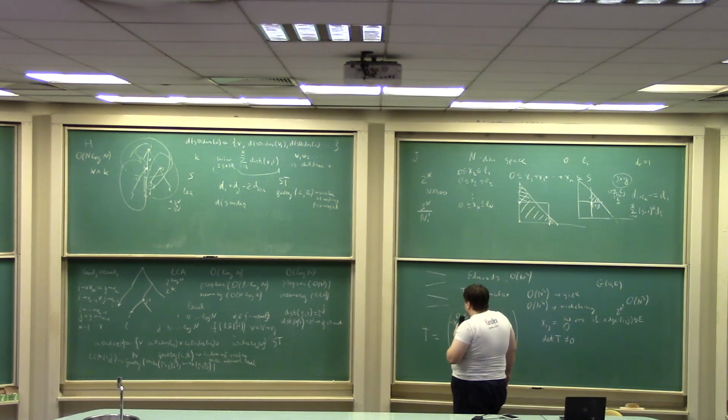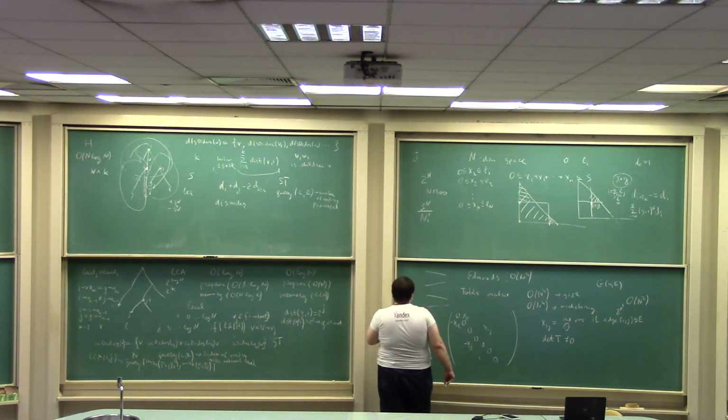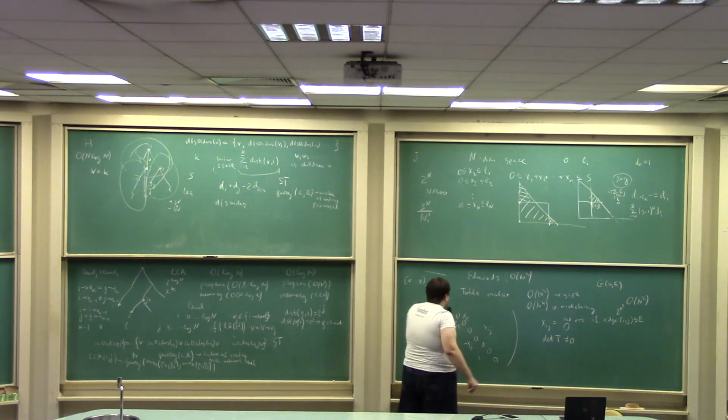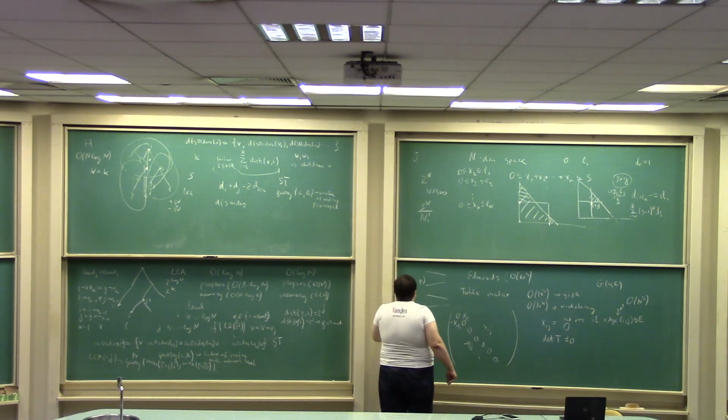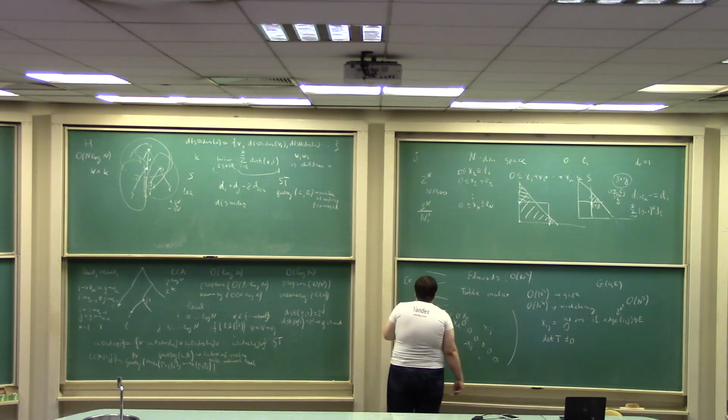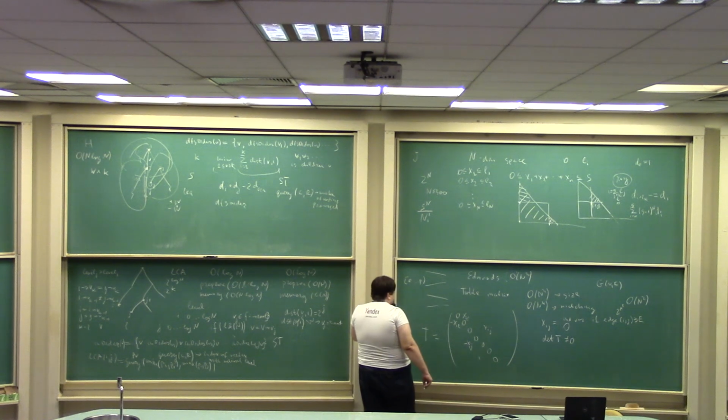Suppose we replace them with some random values from 0 to p, and then we calculate the determinant of this matrix modulo p.